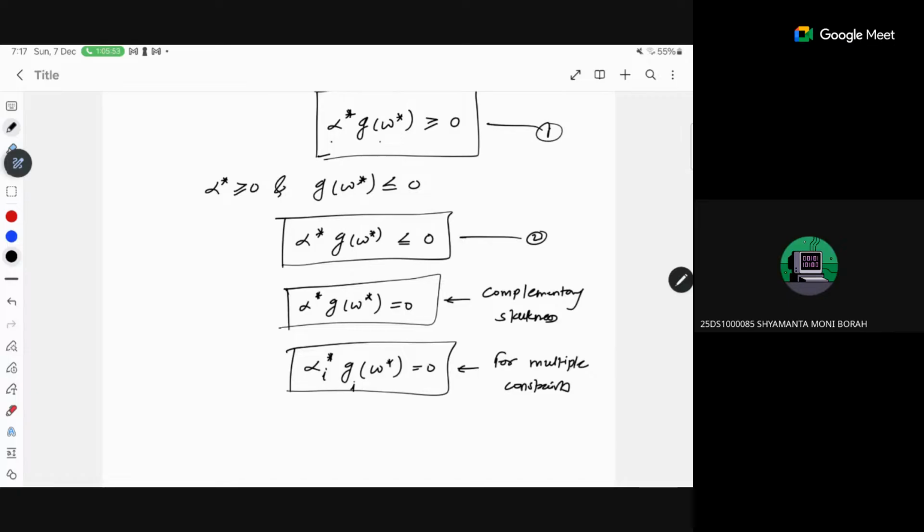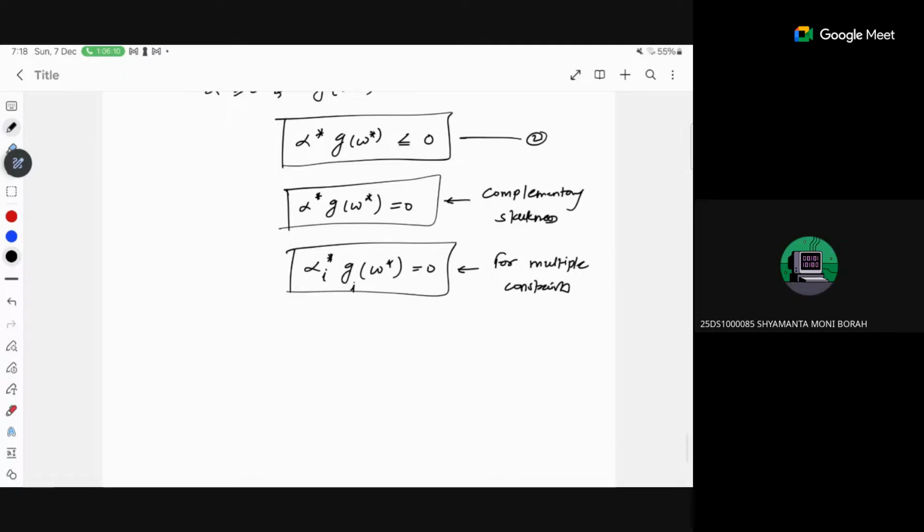Okay, fine. Let us try to understand now. What is g of w star here in our problem?